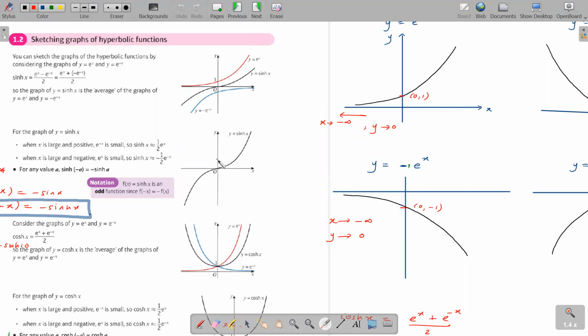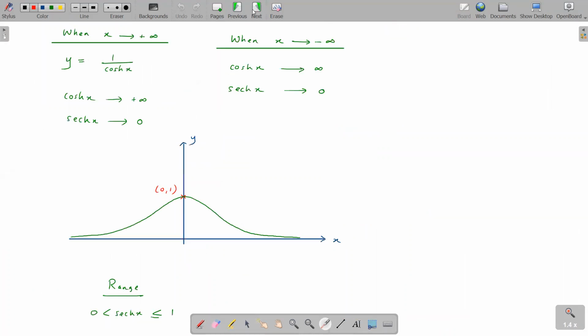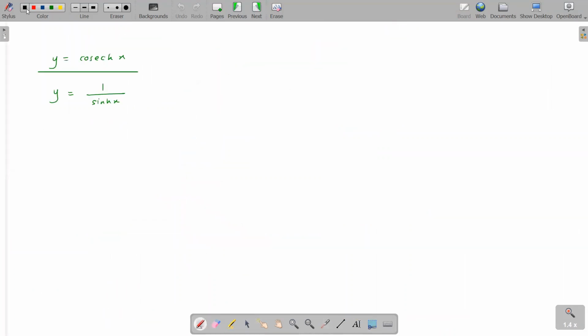Okay, so then we need to see what happens to the graph. There's no point of using x equals 0 here, right, guys? Because you know you are going to get an asymptote. So you need to see how the graph is behaving close to the asymptote. So now this is your asymptote, right?